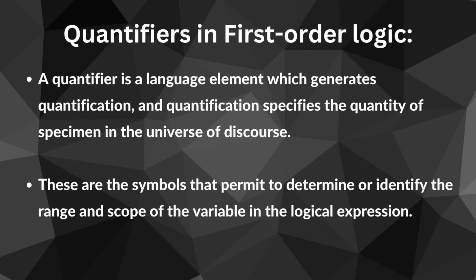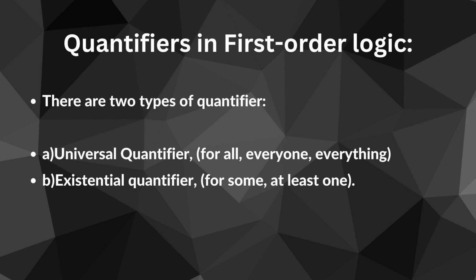The two main quantifiers are the universal quantifier representing for all and the existential quantifier representing there exists.